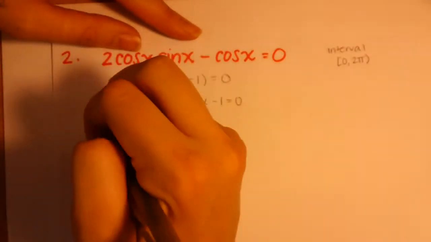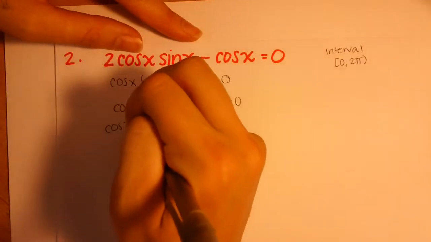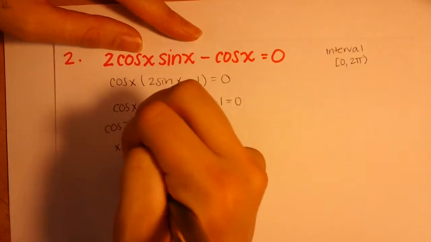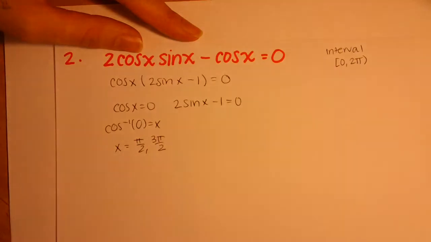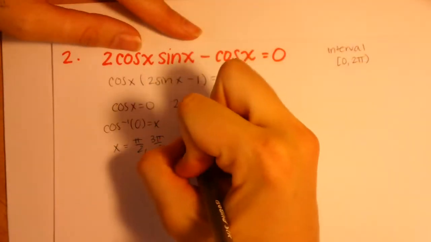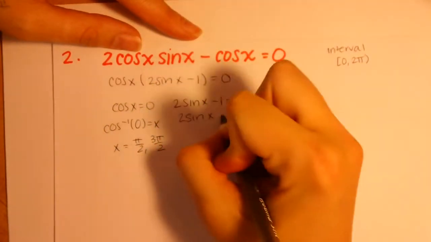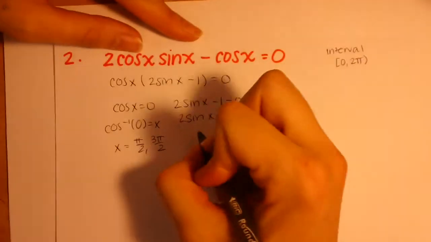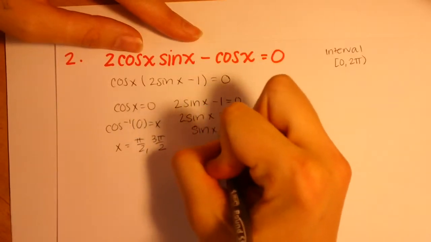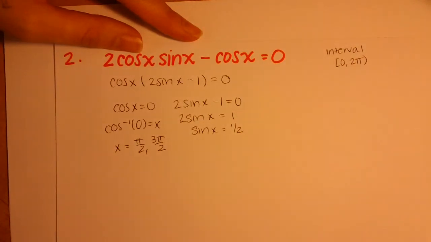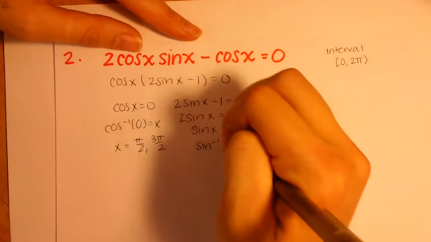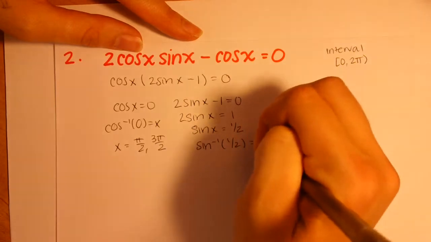So here we can solve cosine inverse of 0 equals x, so x is pi over 2 and 3 pi over 2. Over here, add 1, and then divide by 2. So we want to find for 1/2, so we'll have sine inverse of 1/2 equals x.